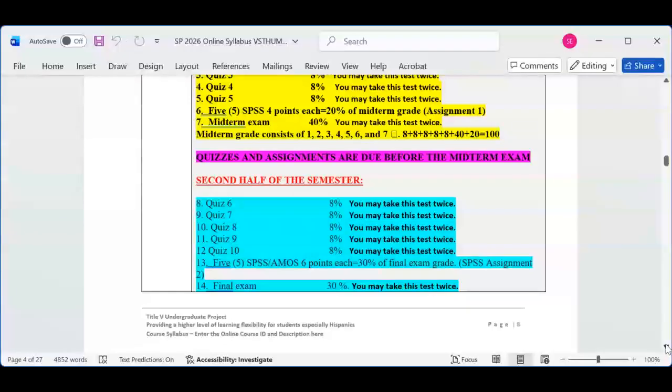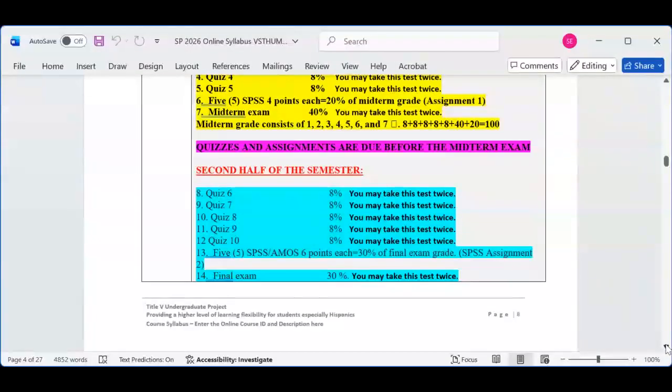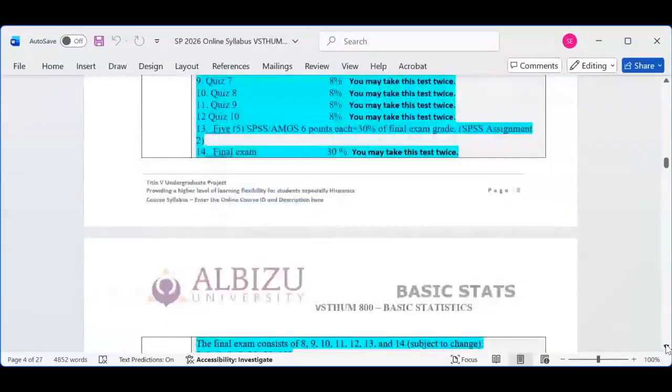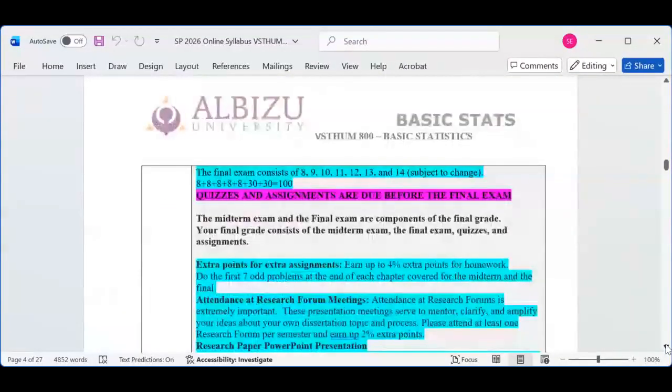So after you're done with these, you do the midterm exam, which is really just another quiz. It's just larger. The midterm exam consists of all those 5 quizzes for the midterm. And the second half of semester will be pretty much identical with the first half.